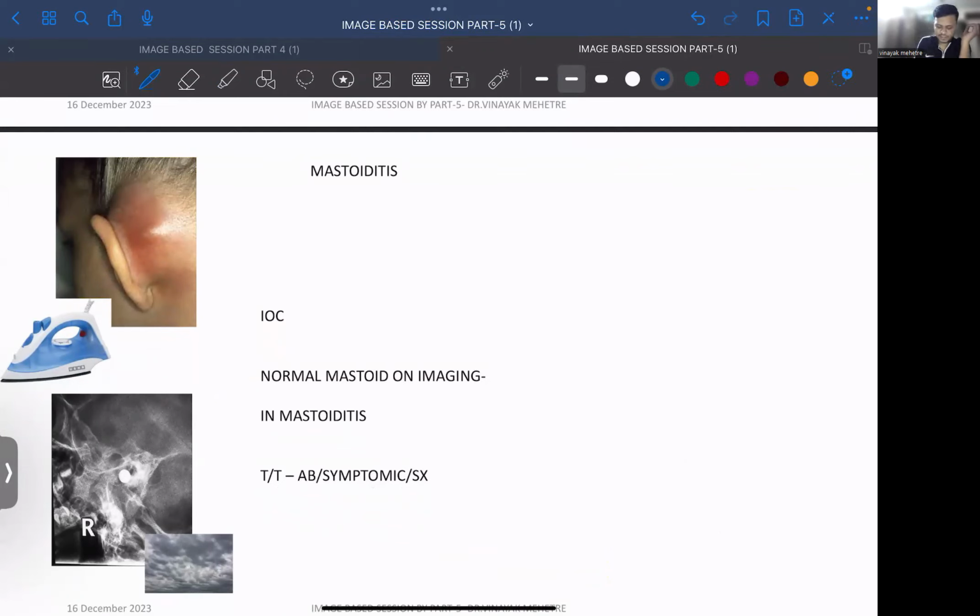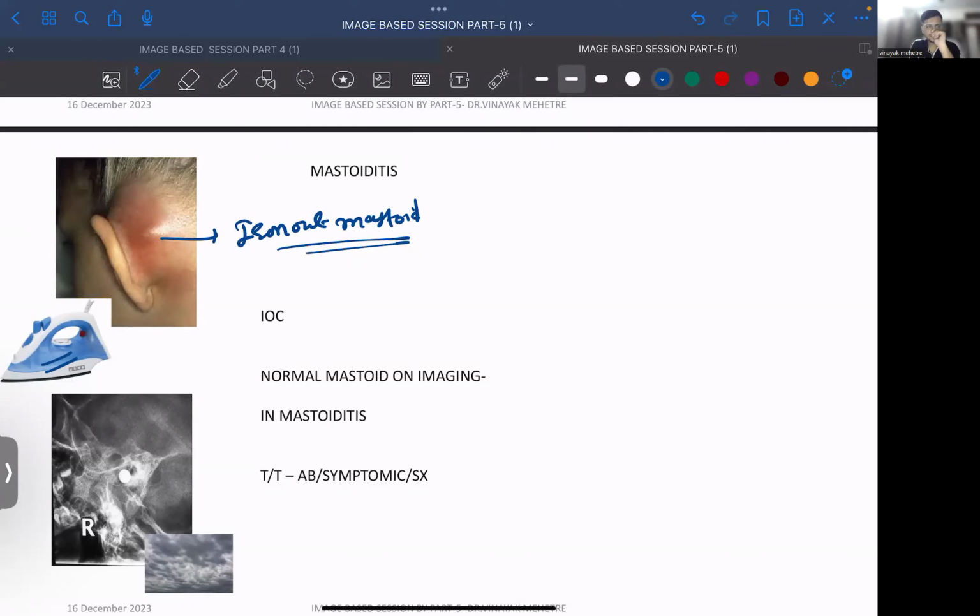What are we going to see? Redness on the mastoid. What do we call this? Someone has used an iron on the mastoid; if we put an iron on the mastoid, what will happen? Redness. So this is called iron out mastoid.